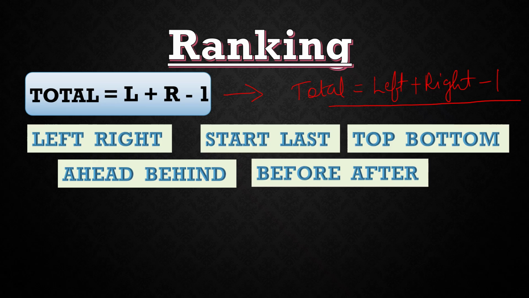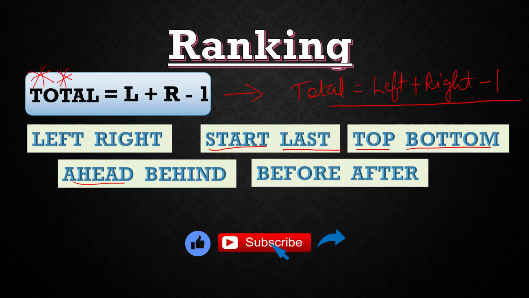So this is very important. Note it down. Then not only can you expect left and right, but they can also use words like start, last, top, bottom, ahead, behind, before, after. So these are the words they can use in the questions instead of left, right.